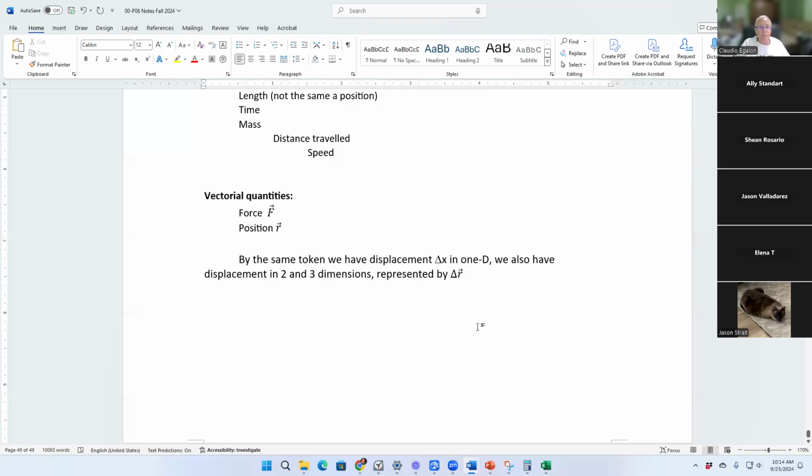Delta R. I'm going to put delta x and delta R next to each other. Delta R is going to be the final vector position minus the initial vector position, and the initial vector position is R naught.